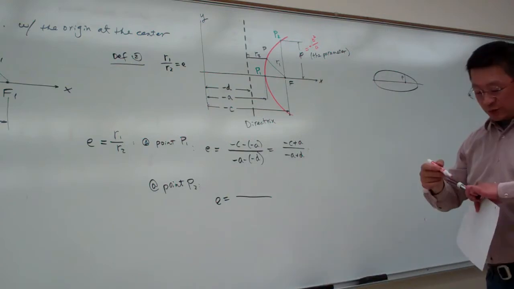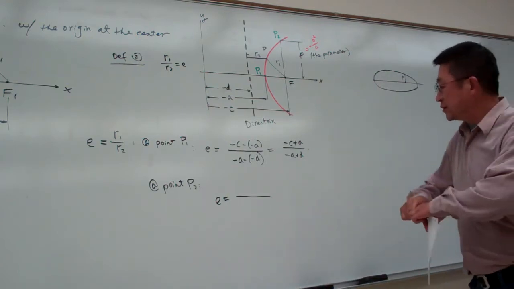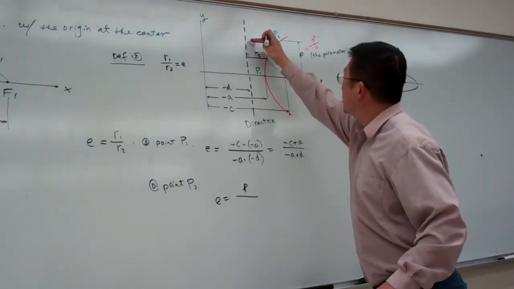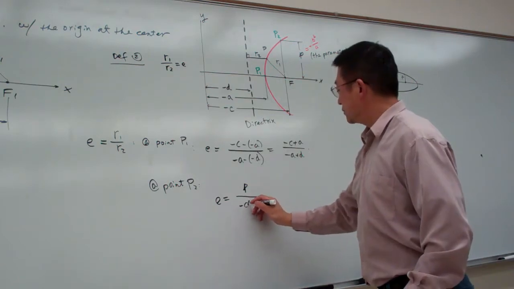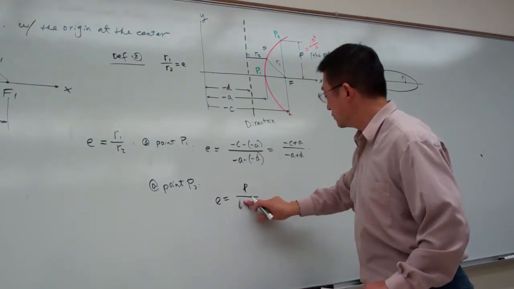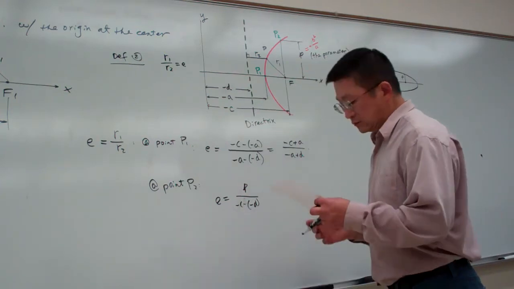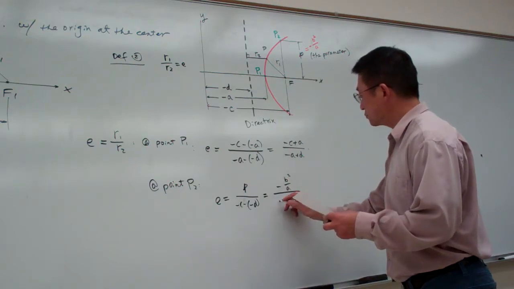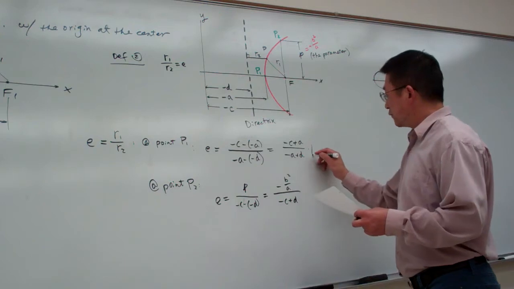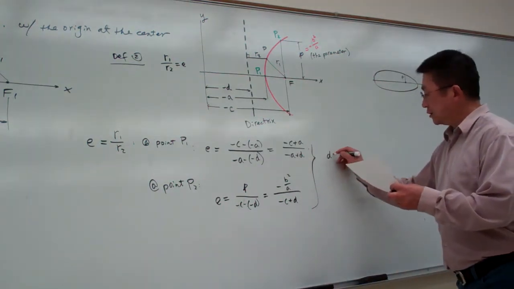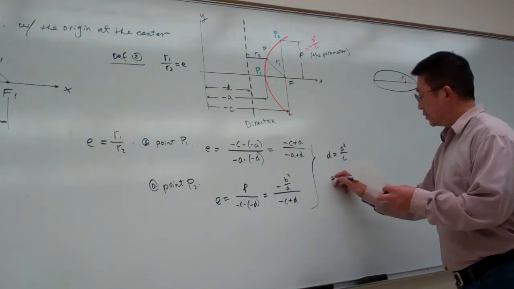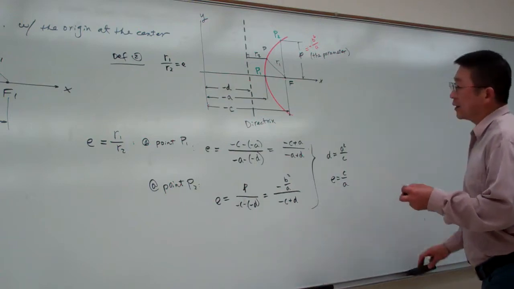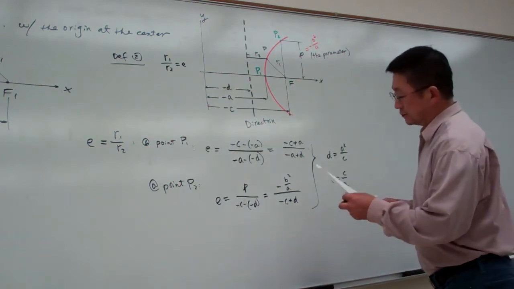Okay, I use these properties for calculations. So here is p, and R1 and R2 are from here to here, so that is minus c minus d. So from the two relations we get d equal to a squared over c, and e equal to c over a. So with those things, we can have this.